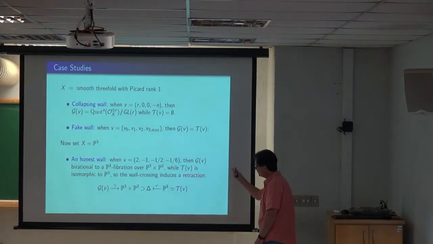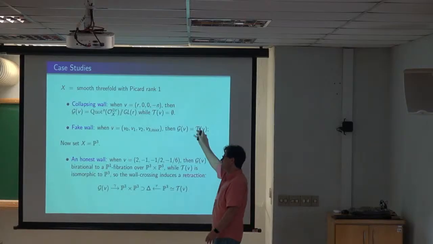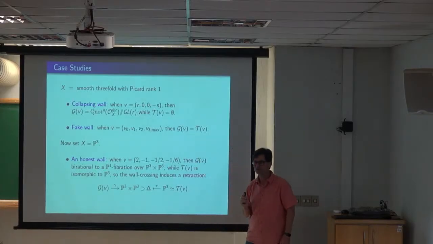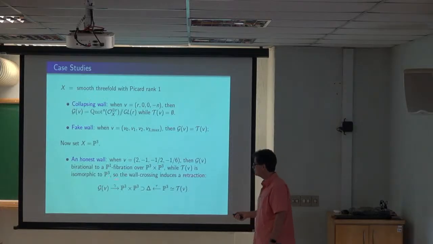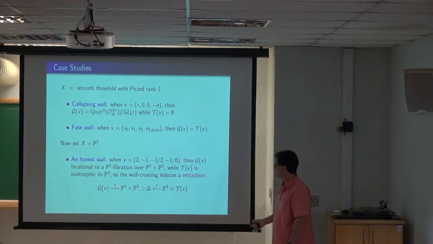And then there is this particular case in which neither of these radical scenarios occurs. On one side of the wall, the Gieseker moduli space is birational to a P1 fibration over P3 times P3. It has a surjective map to P3 times P3.